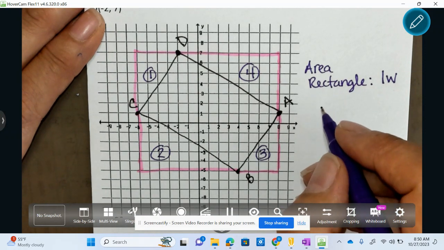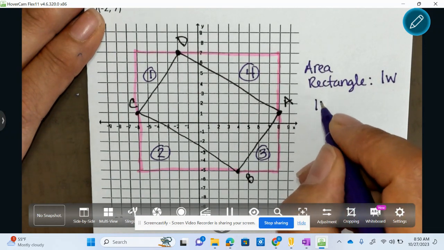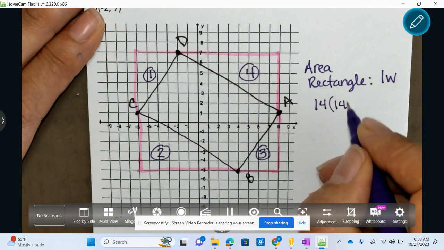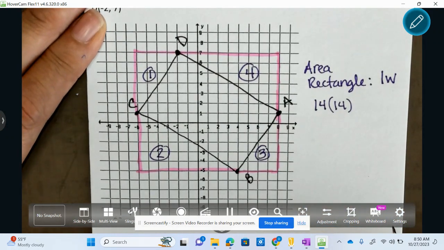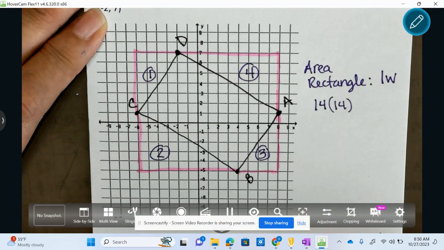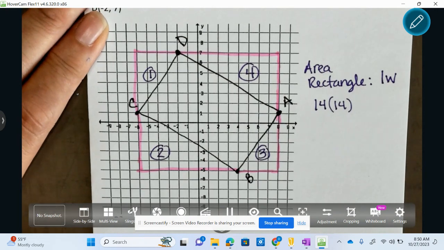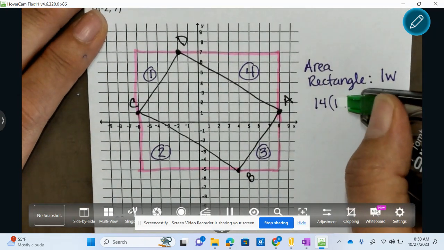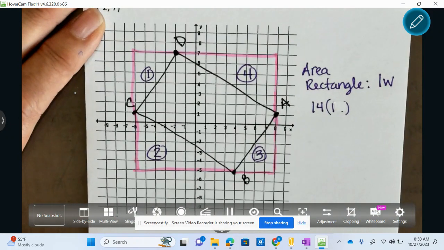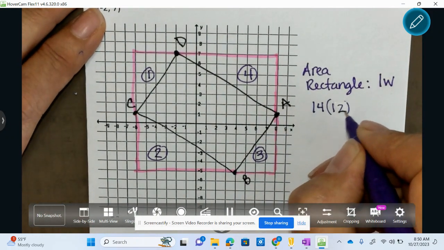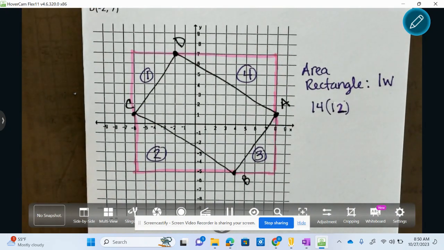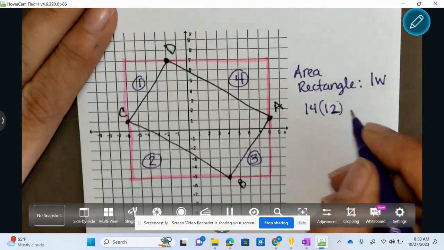Well, I think it has a length of 14 and a width of 14 also. Is someone checking my counting? That's a 7, not a 9. So it's 14 by 12, actually. 14 by 12. Is that better? Okay.